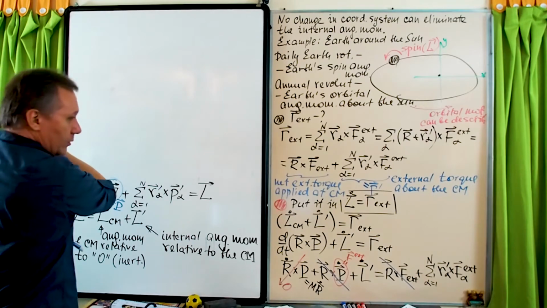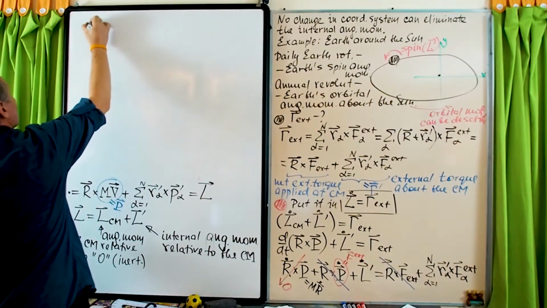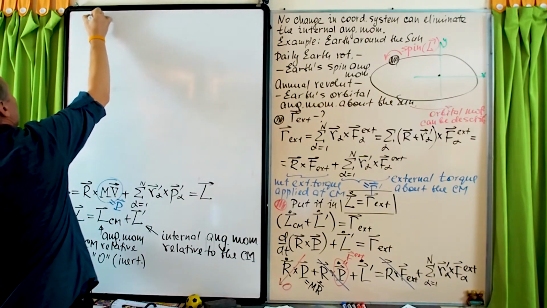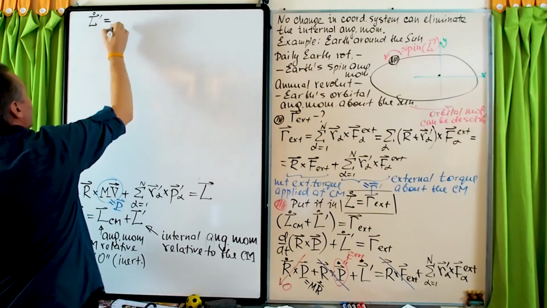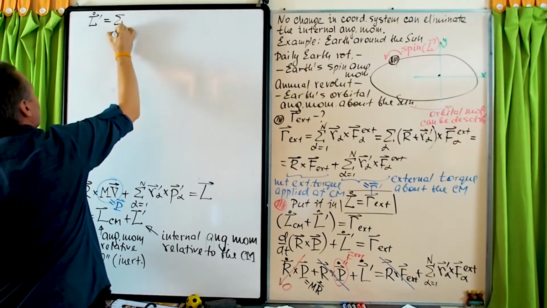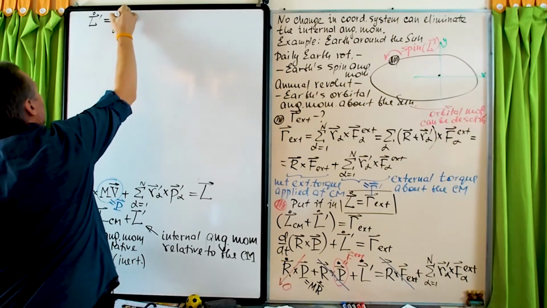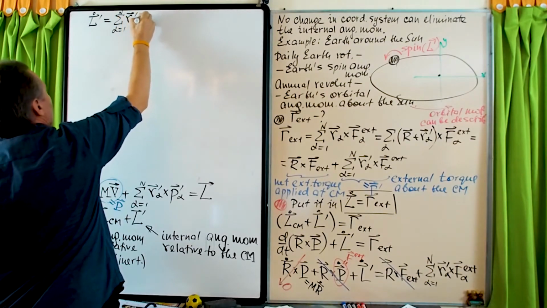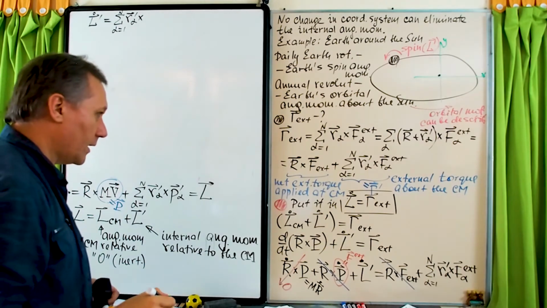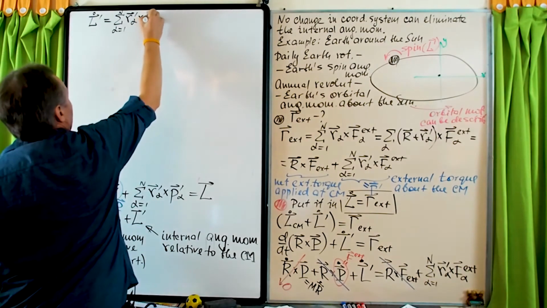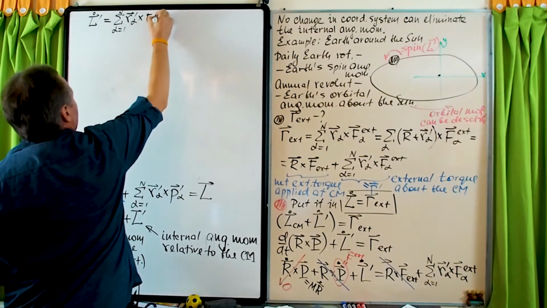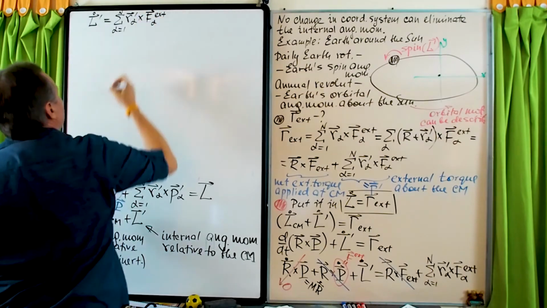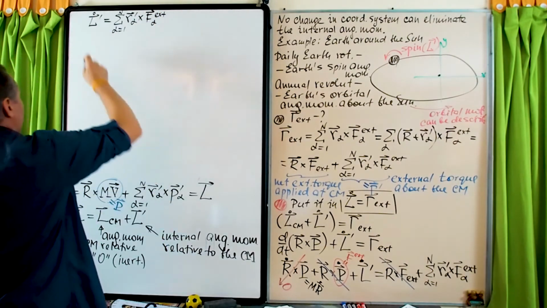So L prime dot equals the summation over the whole system of R alpha prime crossed with F alpha external. Okay, I will frame it.